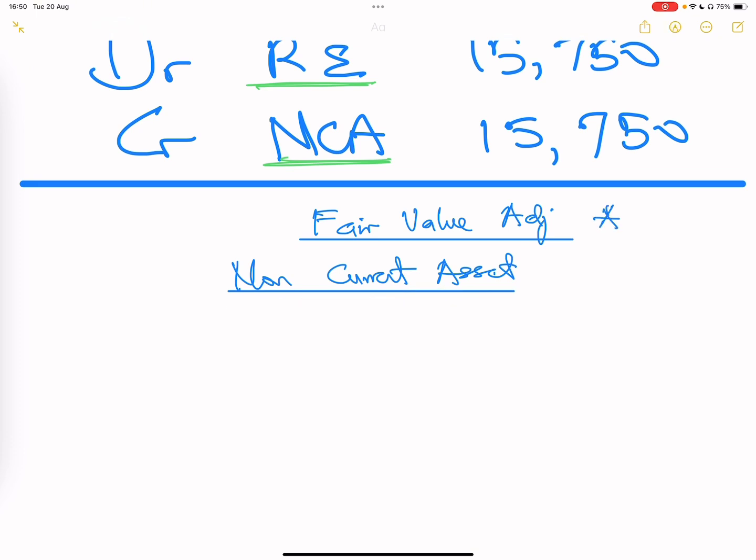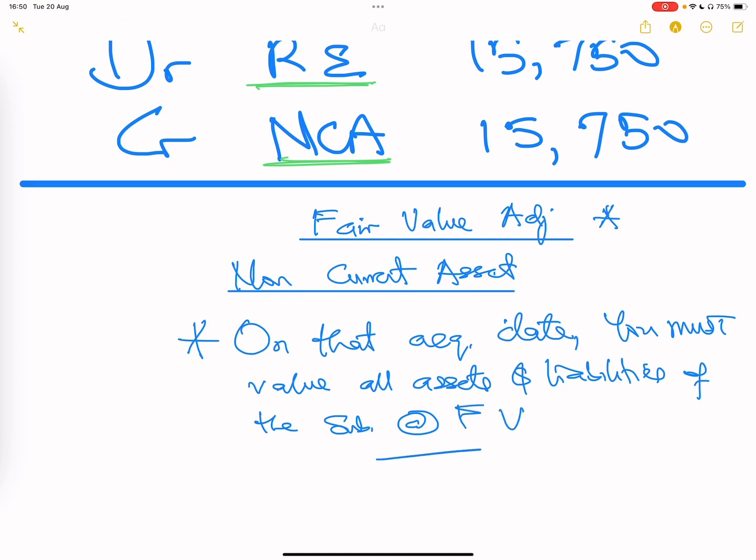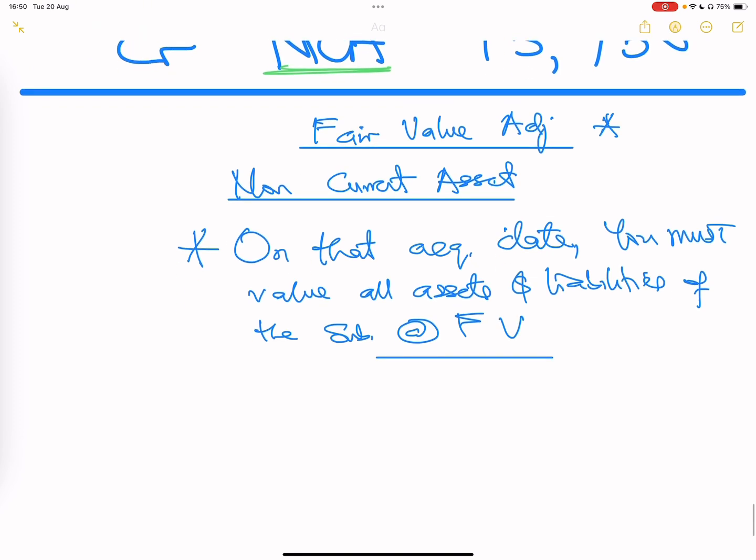Fair value adjustment is critical because, remember, in consolidation, on that acquisition date, there is a requirement, which is that you must value all assets and liabilities of the subsidiary at fair value. This is compulsory. It must be valued at fair value.